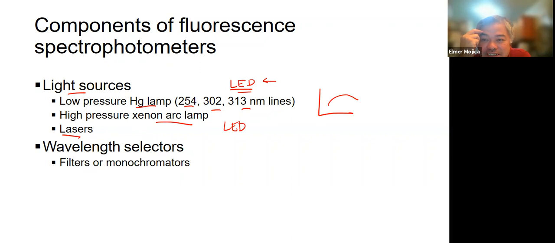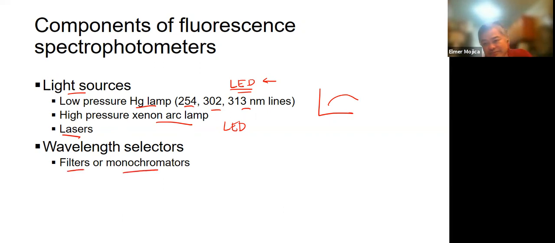So parang sabi natin na meron siyang specific wavelength that you use. Okay? And if it doesn't match your target wavelength, the best thing that you're going to do is use a wavelength that is closer to the wavelength that you want to use. Okay? Now, if you're going to use a broadband light source, you need filters or monochromators to select the wavelength.